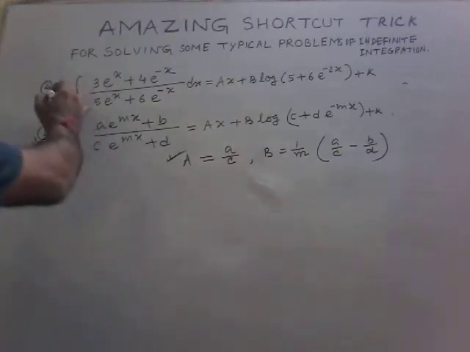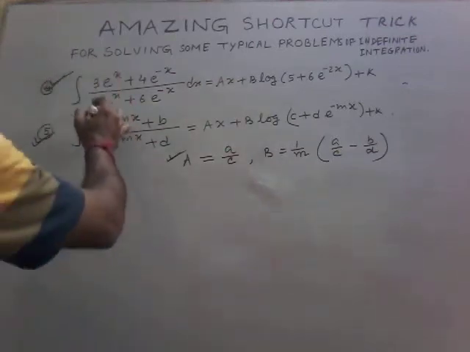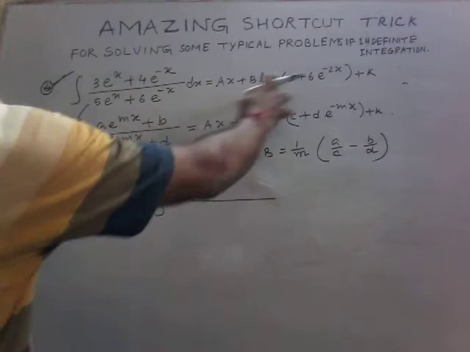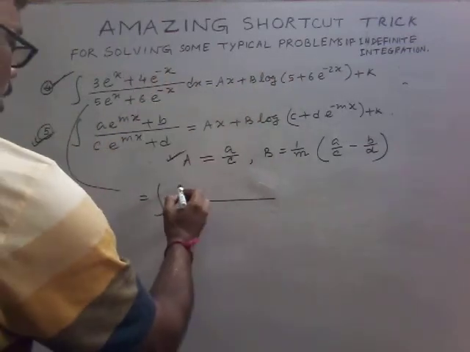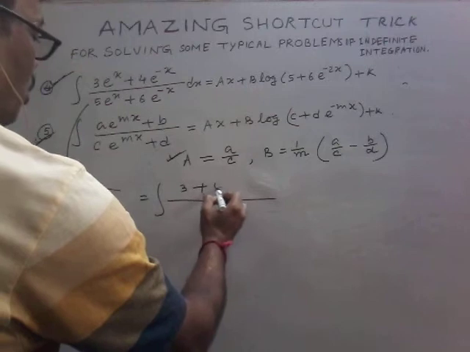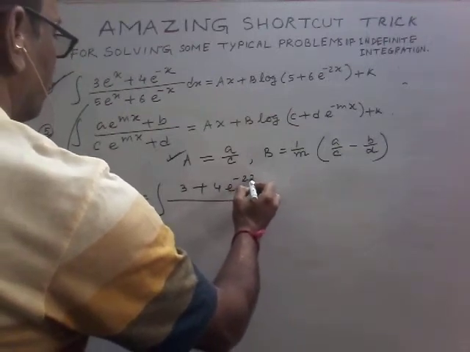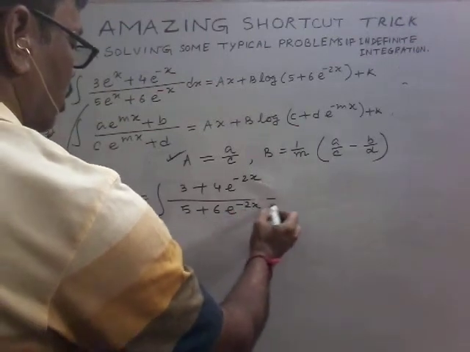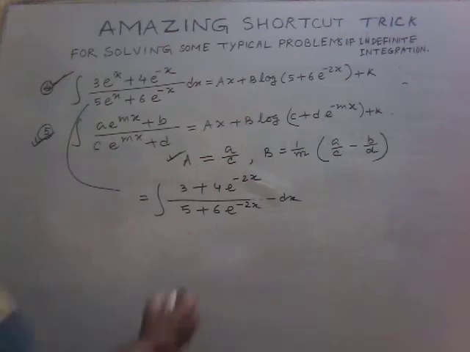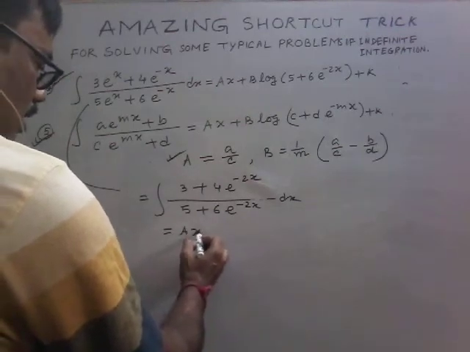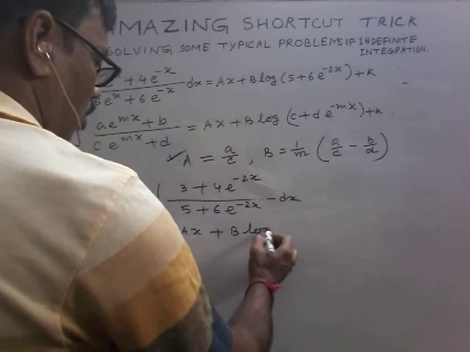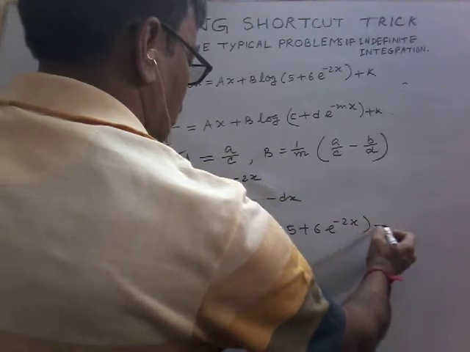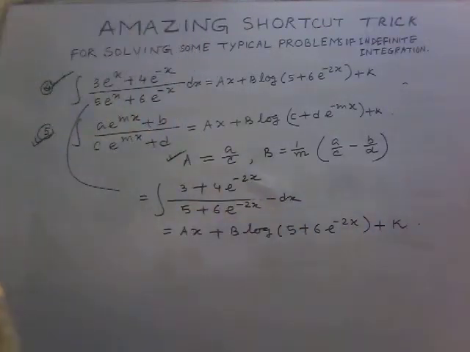So if we consider problem number 4, after one step we want to write it in this form. Multiply by e to the power minus x: integral of (4e^(-2x) ... 5 + 6e^(-2x)) dx equals ax plus b log (5 + 6e^(-2x)) plus k, where k is the integration constant.